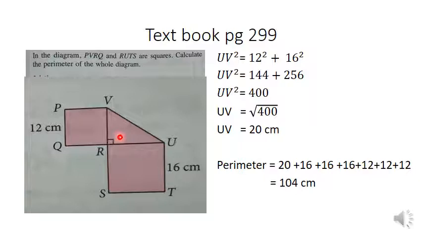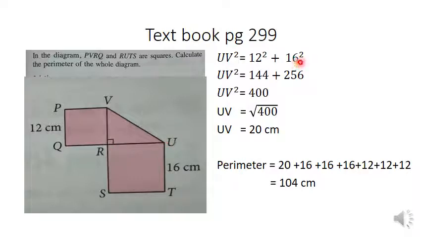So you write UV square because you want to find the length, and then you use plus because UV is hypotenuse. This side you know is 12, and then this side RU 16. So you write 12 square, and then 16 square.